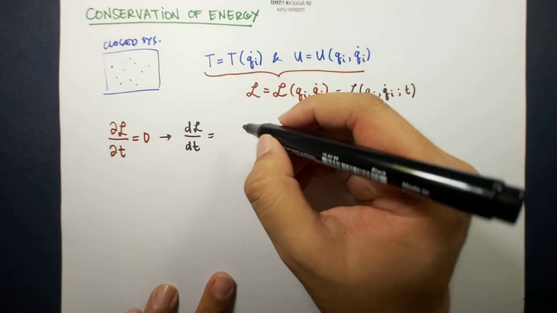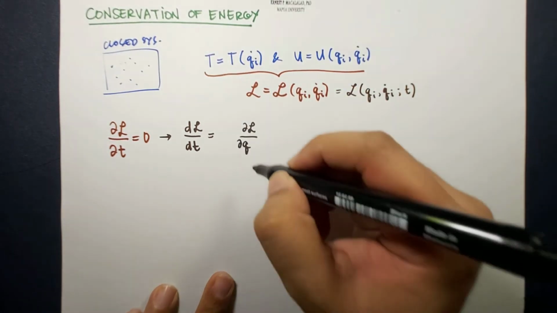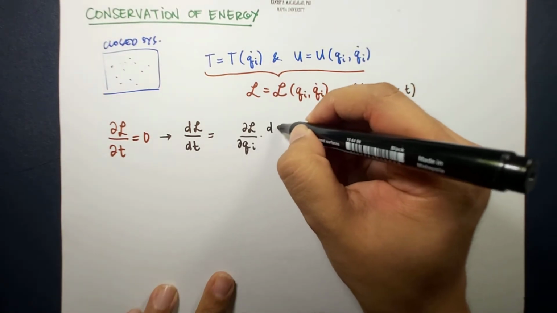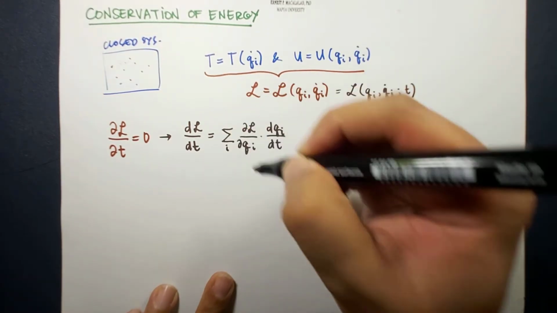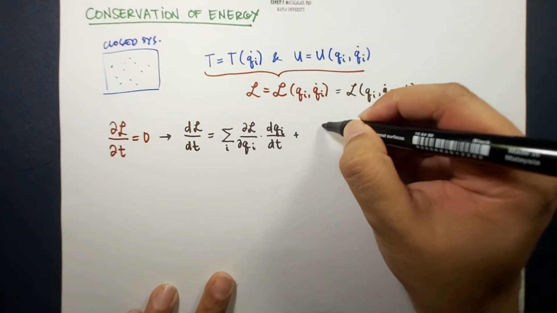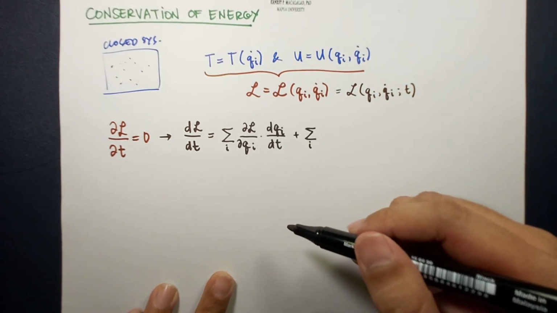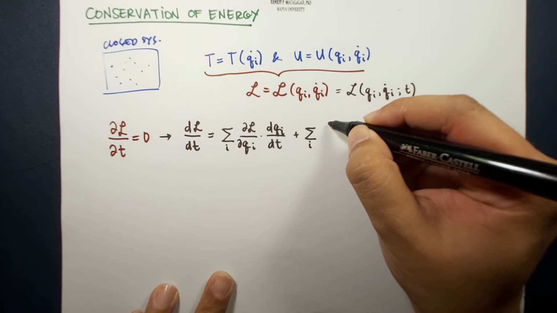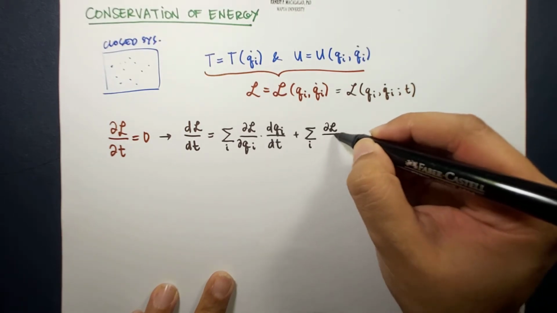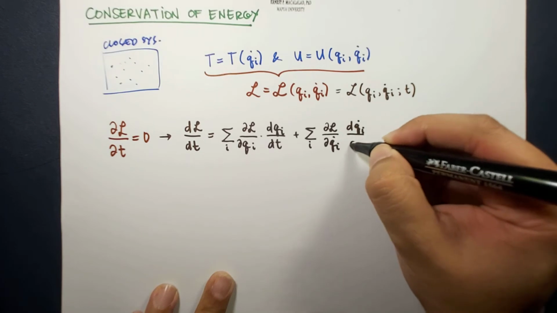This is the partial derivative of L with respect to qi times the total derivative of qi with respect to time, and then we sum this for all i's, plus the sum for all i's, where i's are the specific coordinate that you're going to use, of the partial derivative of L with respect to qi dot times the total derivative of qi dot with respect to time.